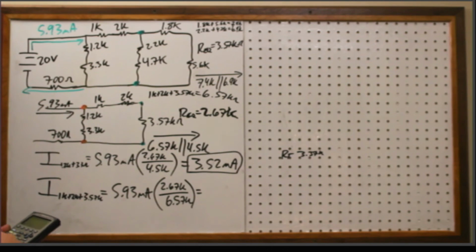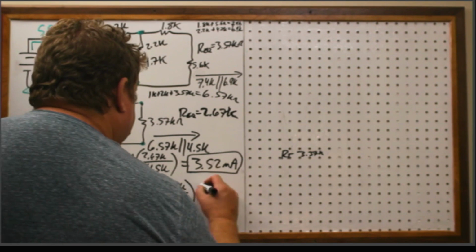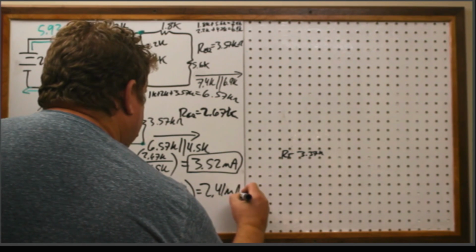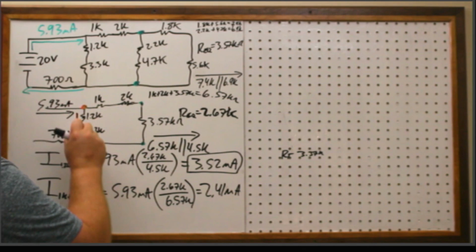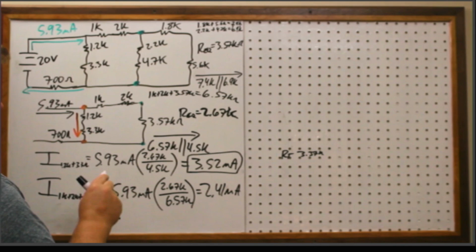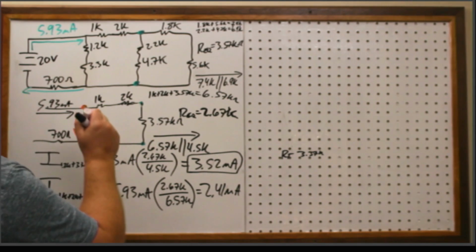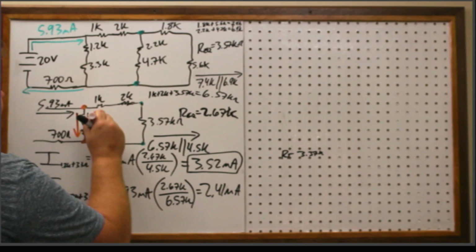So 6.57. And now I get 2.41 milliamps. So let's go ahead and write these up here. So this branch right here, that one is the 1.2, so that is the 3.52. So this is 3.52 milliamps.